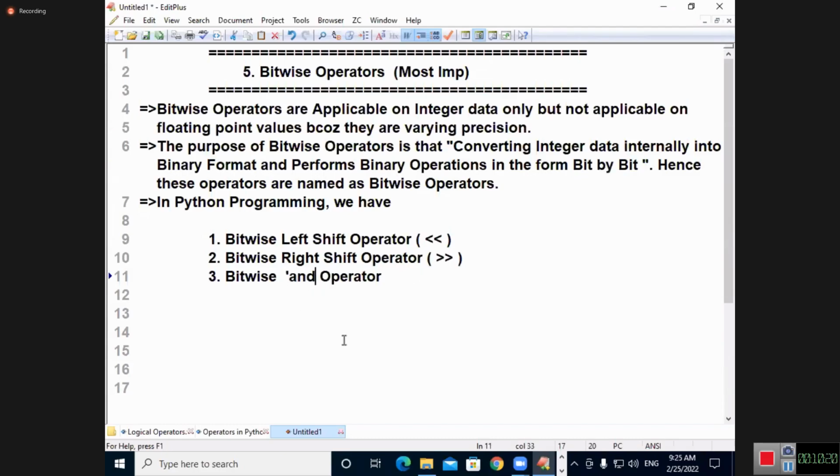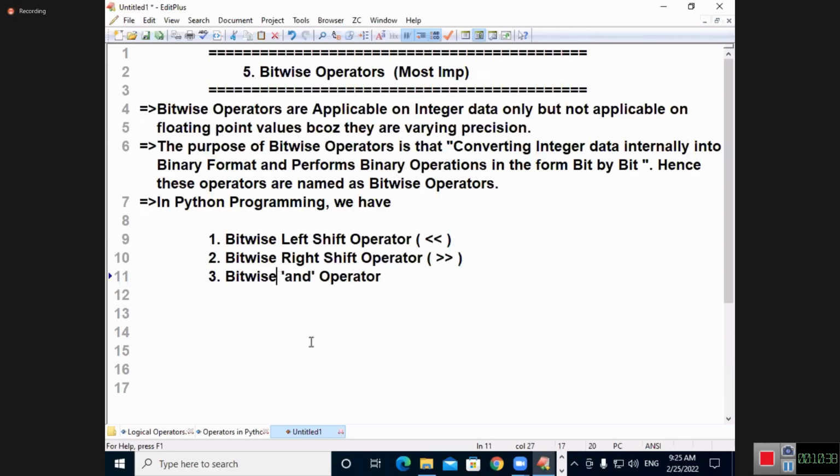Bitwise AND operator. Don't get confused.